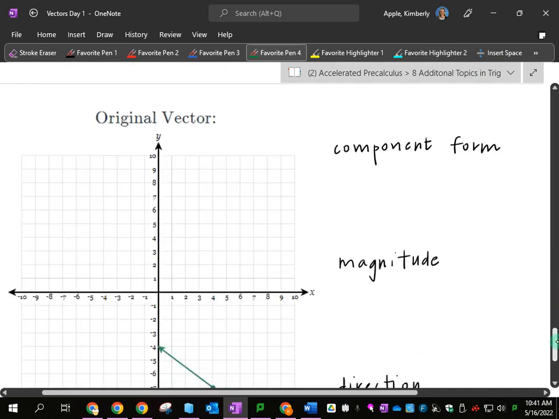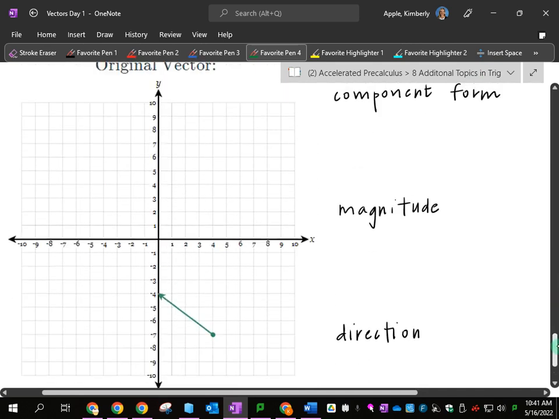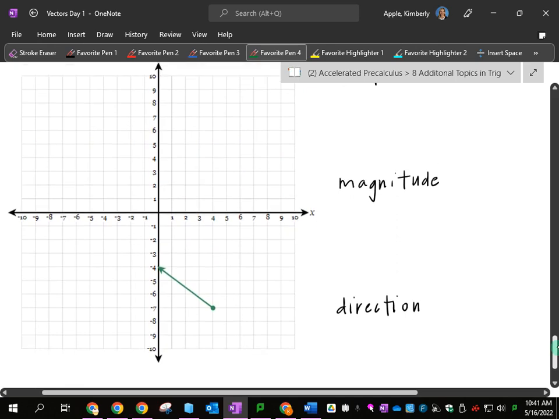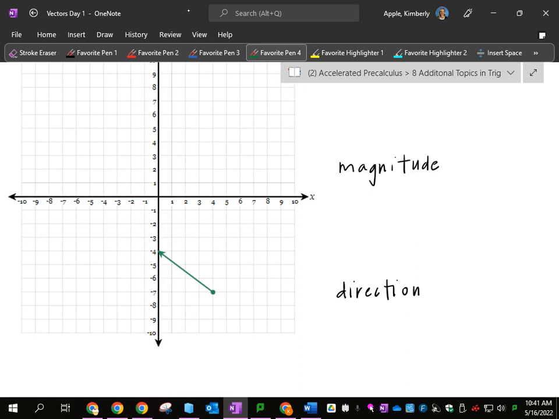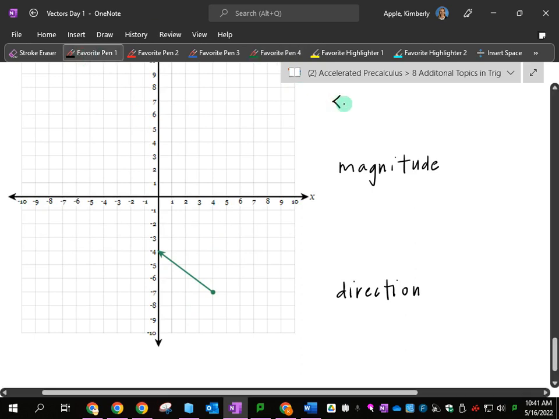But I want to do one example from the Delta Math with you. The second part of the Delta asks you, here's the original vector. What is the component form? Well, this would be -4 and 3.